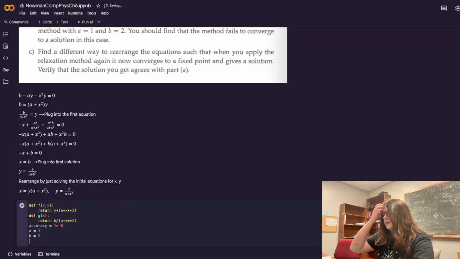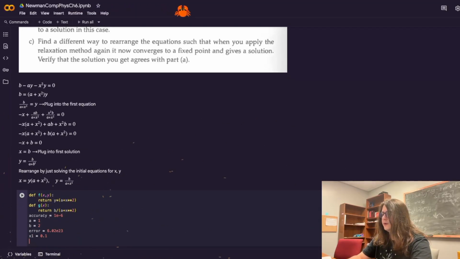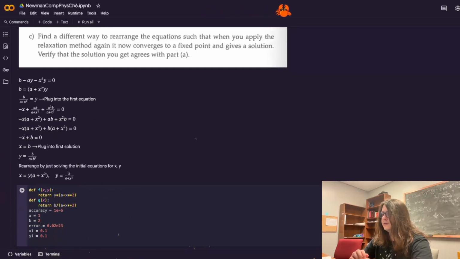Get an initial value for the error. I'm just going to set it to be arbitrarily large, e to the 23, and also get initial guesses for what x and y are. I found that for this problem, if you just set both of them to 0.1, then it can find the solutions, at least in the next part of the problem.